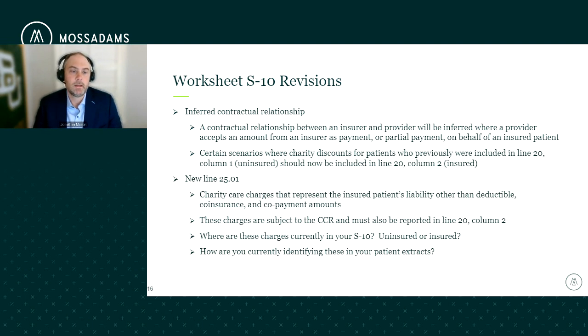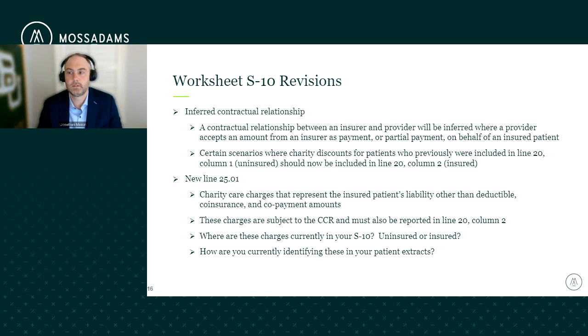They also added language regarding an inferred contractual relationship. So previous instructions discussed non-contracted and contracted payers. Now, if an insurance makes a payment, it becomes an inferred contractual relationship.